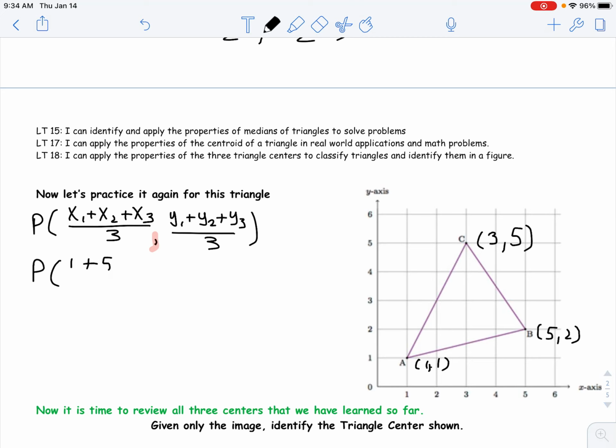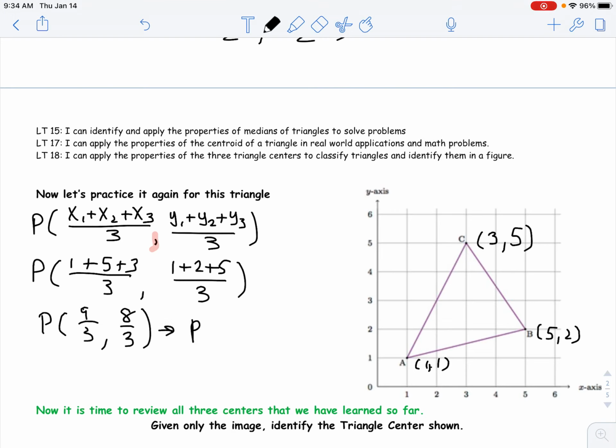All right. So it's literally just add my x's together. 1, 5, 3, divide by 3. And then 1, 2, 5, divide by 3. All right, and this problem is going to emphasize some things on why I like the centroid formula. But again, we're going to get 9 over 3, and then we are going to get 8 over 3.